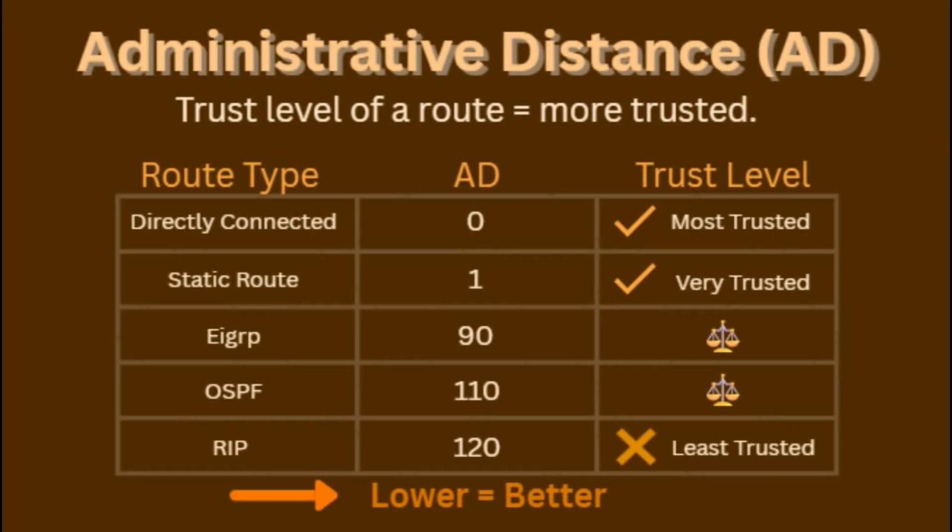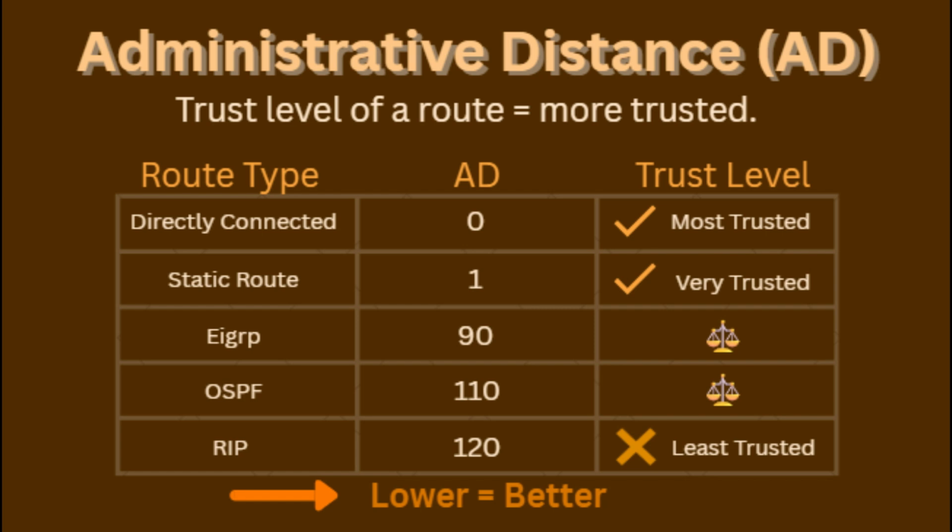What is administrative distance? Administrative distance, or AD, is how a router decides which route to trust when it learns about the same network from different sources. Each type of route has a default AD value. For example, directly connected routes have an AD of 0, making them the most trusted.